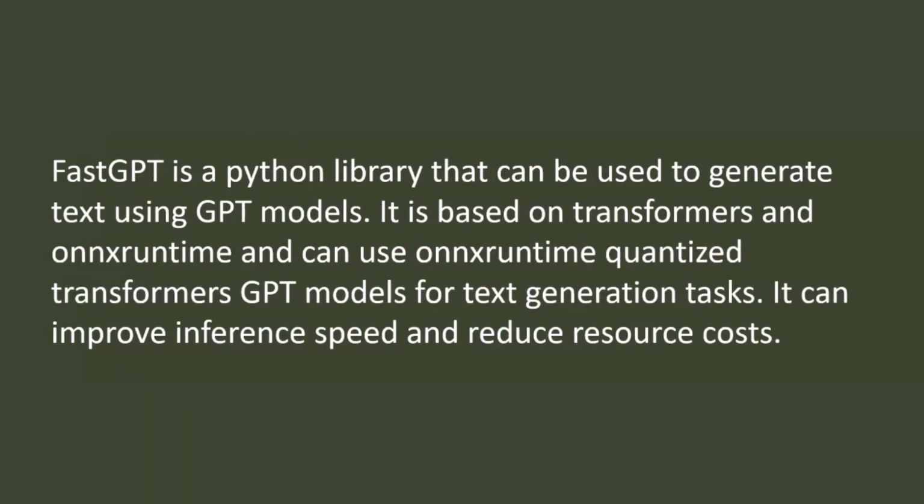FastGPT is a Python library that can be used to generate text using GPT models. It's based on transformers and ONNX runtime and can use ONNX runtime quantized transformers GPT models for text generation tasks. It can improve inference speed and reduce resource costs.